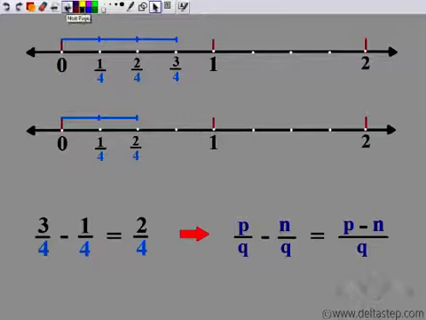So if the denominator is the same, what I need to do is just subtract the numerators. That's how I can subtract two rational numbers. So we have seen that if the denominator is the same, we can add and subtract easily. The denominator remains the same, add or subtract the numerators.